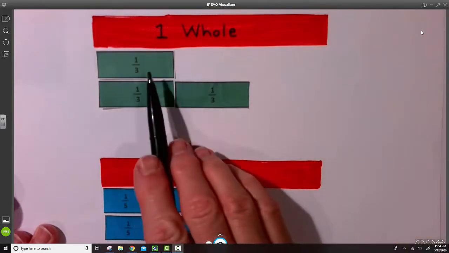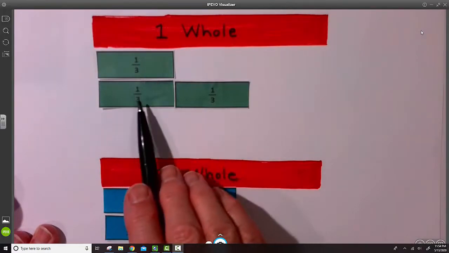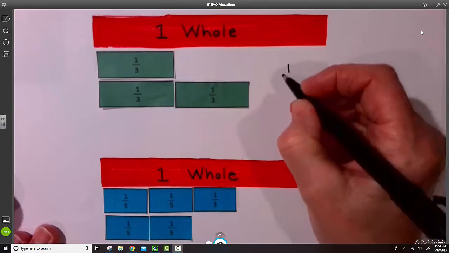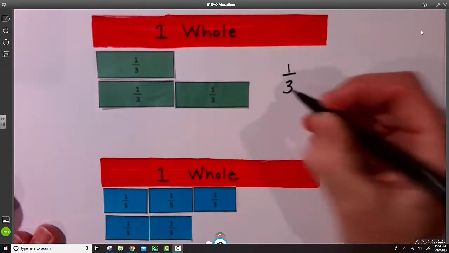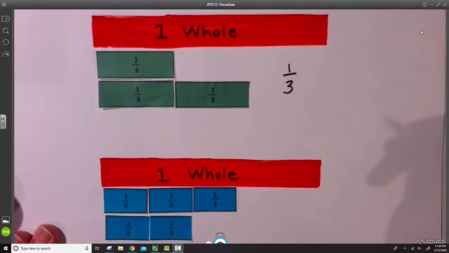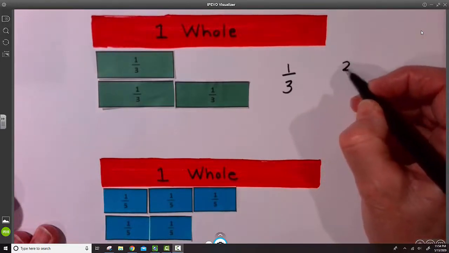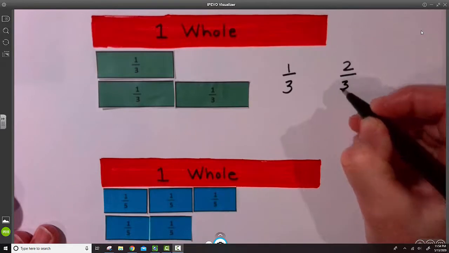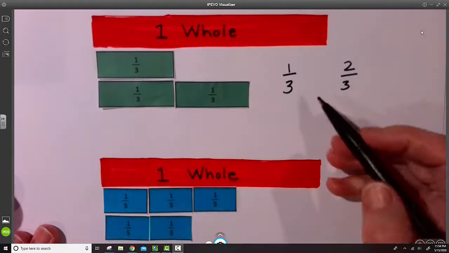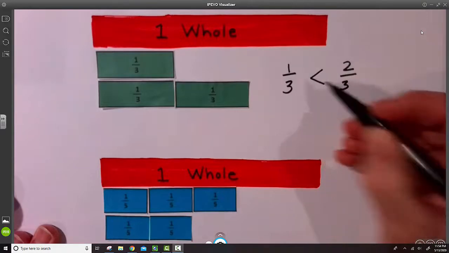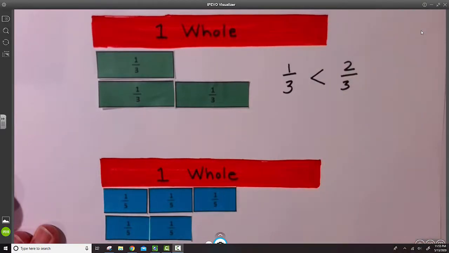So to compare, all of our denominators are the same, and we are comparing the numerators because the denominators are like. So 1/3 compared to 2/3, and as you can tell, 1/3 is less than 2/3.